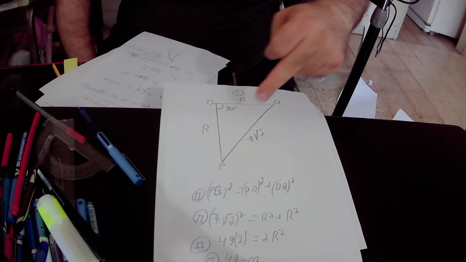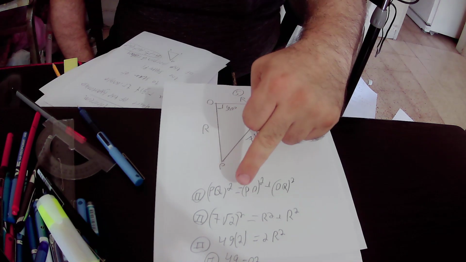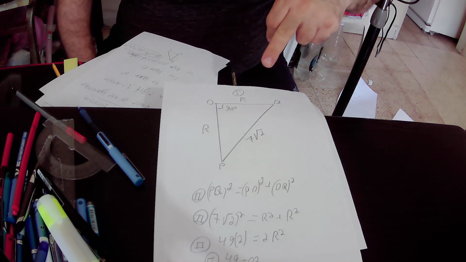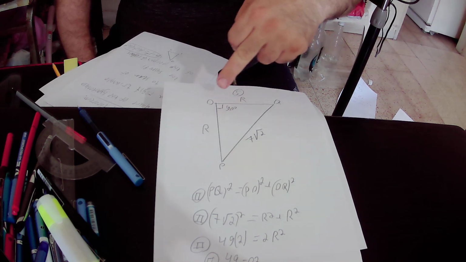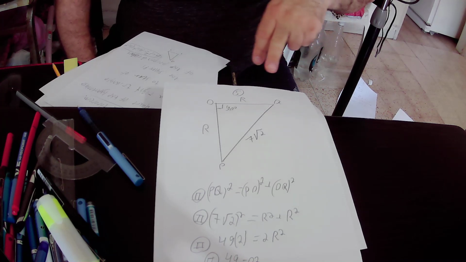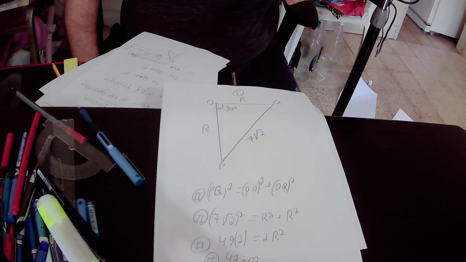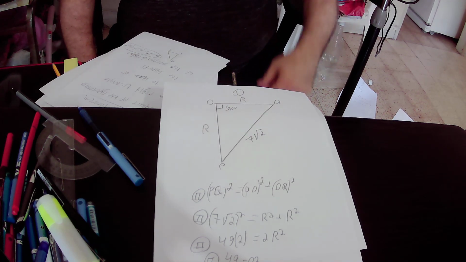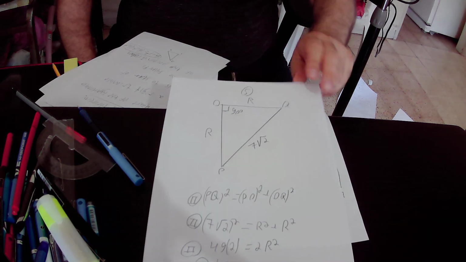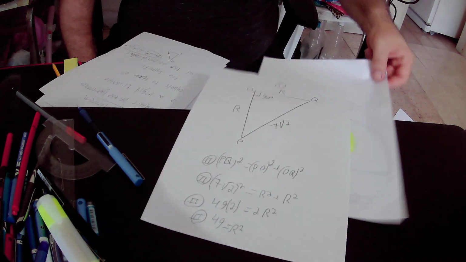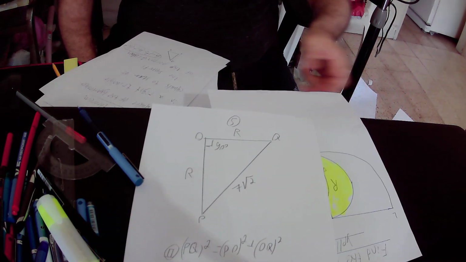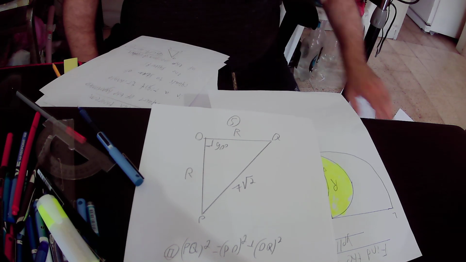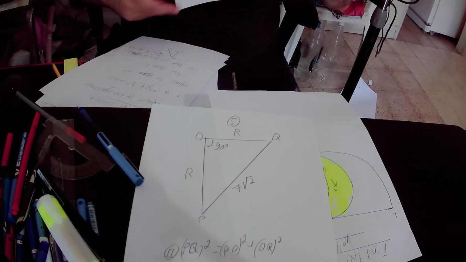But we know that PQ equals 7 times root 2. We know that PO equals capital R, and also OQ equals capital R. So we can put this data in the second equation, and we get at the end the answer that capital R equals 7 units.